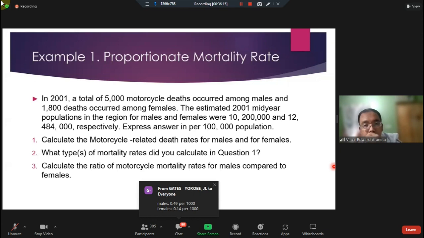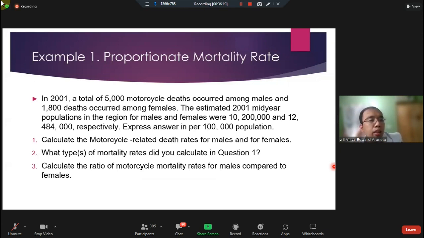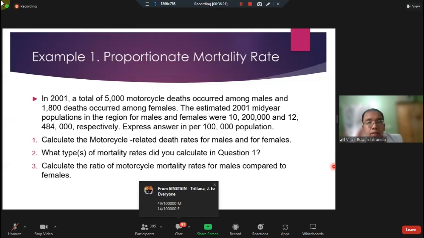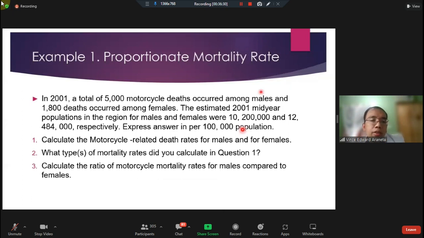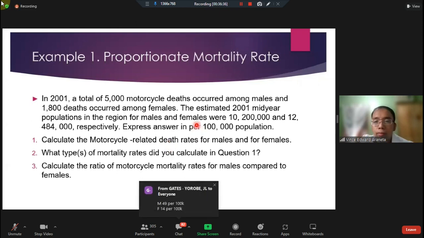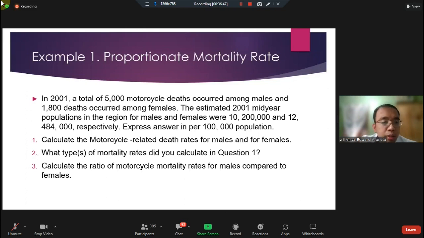You have the correct answer, but you can transform it, because 0.49 is not readily understandable by all. Although you are correct to have that 0.49, the instruction mentioned per 100,000. Yes, it's 49 per 100,000 male population and 14 per 100,000 female population.